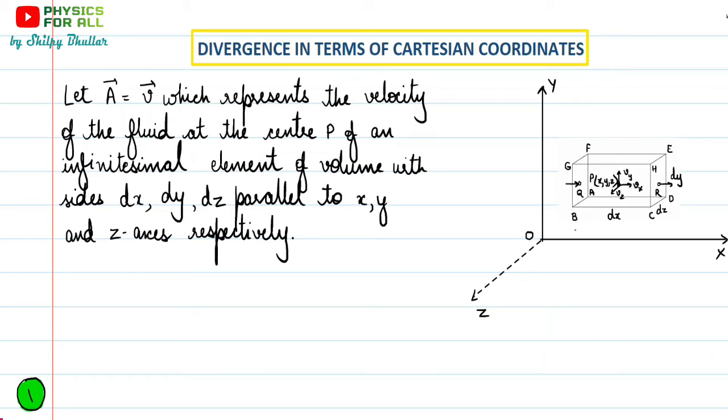In the whole region, it's very difficult to find any value over the entire region. So we consider a small element from that region, and now we have chosen a volume element.